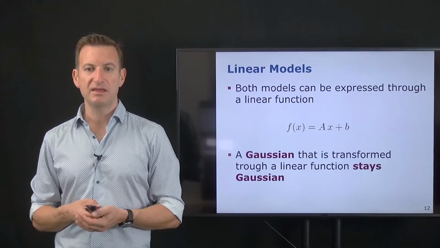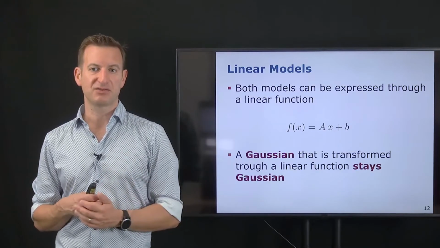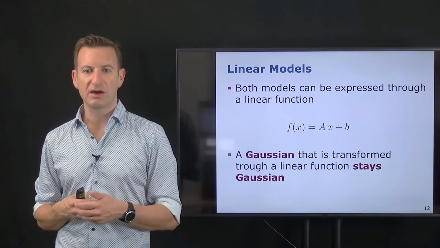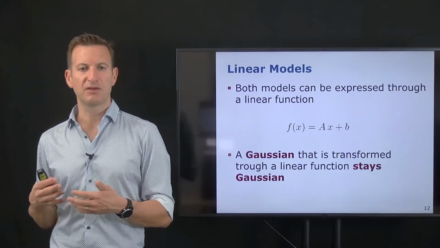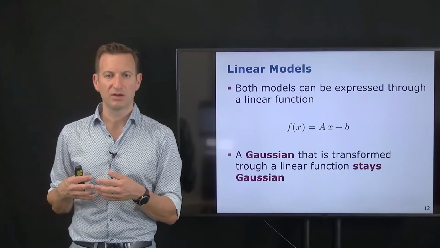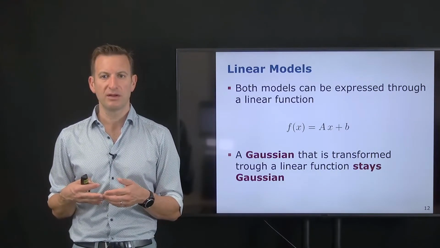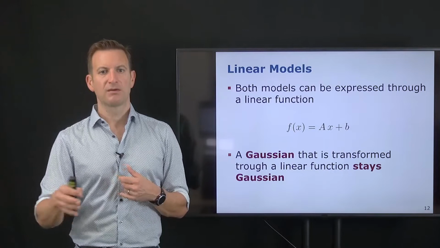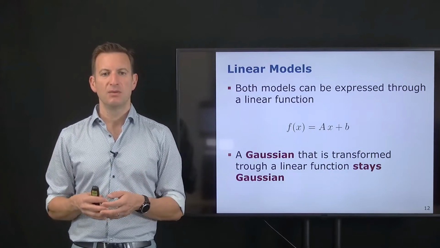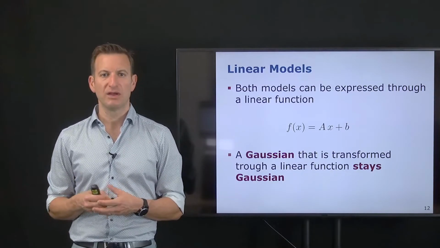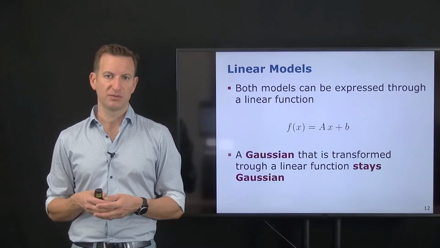And the key thing is that if we take such a linear function and we transform a Gaussian through this linear function, it stays a Gaussian distribution. And again, this is an important property, because if we want to take our current belief that is Gaussian and combine it with a Gaussian model like an observation or a prediction, we need to make sure that the result that we get out is actually also a Gaussian distribution.